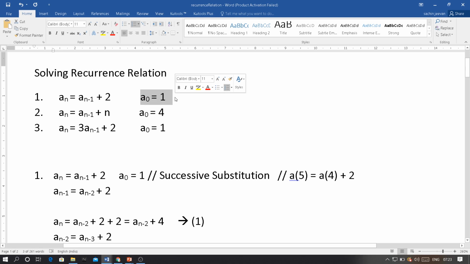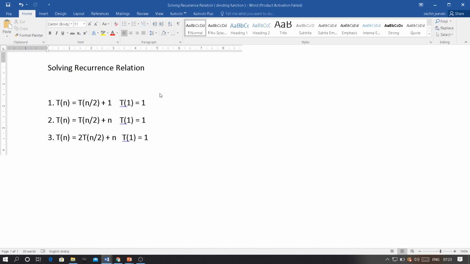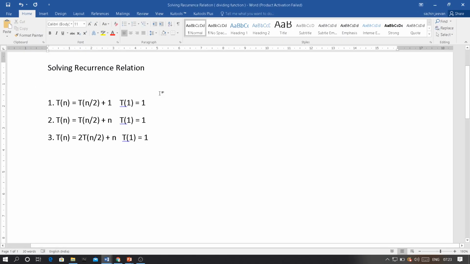There we converted the given recurrence relation into a quadratic equation. Then we found roots for the quadratic equation, and then we went with a different technique in solving the recurrence relation. So today we will be taking a different recurrence relation.